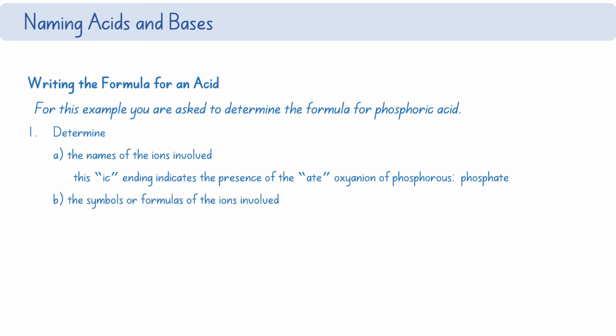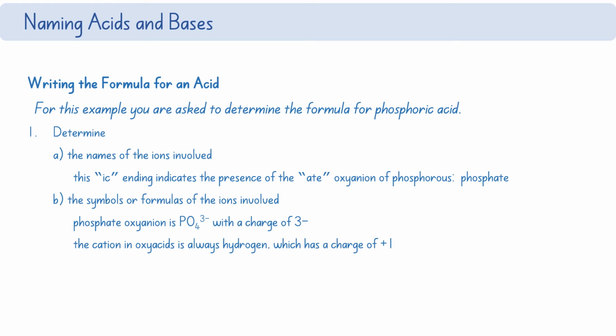The symbols or formulas of the ions involved: phosphate oxyanion is PO4 with a 3 negative charge. The cation in oxyacids is always hydrogen, which has a charge of +1. Their ratio: to find the ratio of the ions, use the crisscross method.